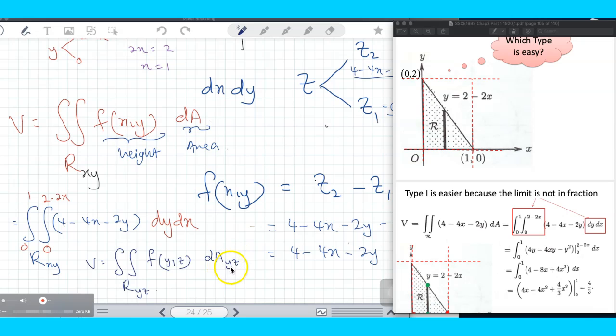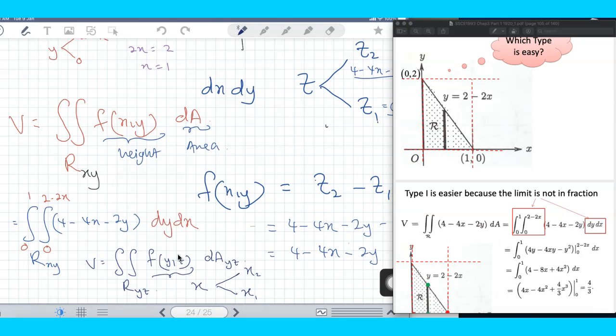So X is not here and also not here, because it should be the same. So the function here depends on X, where X should be X2 minus X1, which becomes a function of Y and Z. How can you get that?